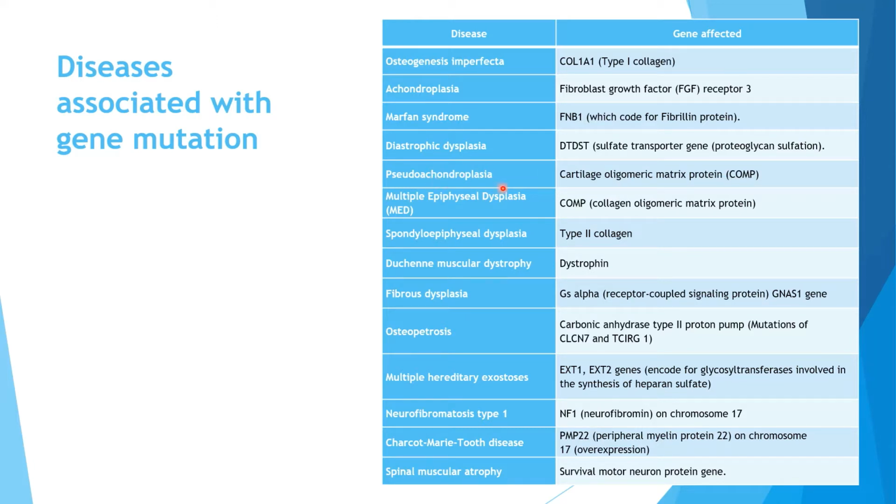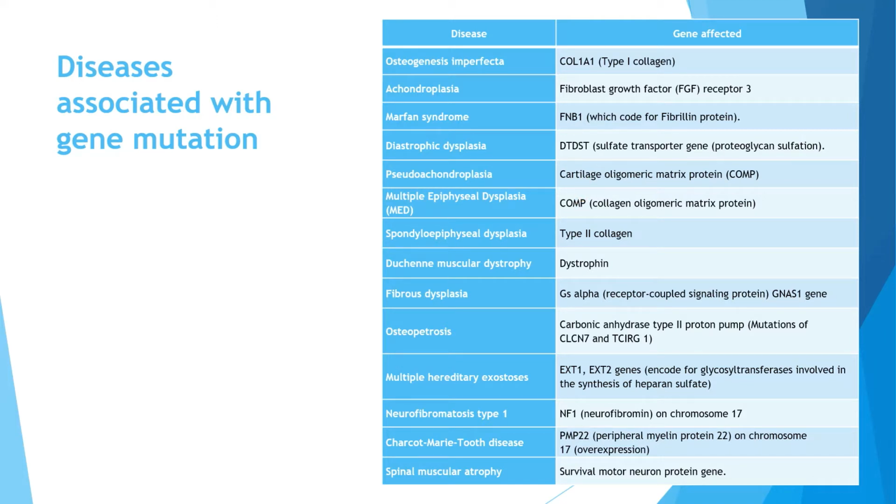That's why in pseudoachondroplasia there is affection of the cartilage. That's different from the achondroplasia, which does not have affection of the cartilage. Remember, both pseudoachondroplasia and multiple epiphyseal dysplasia have the same gene.